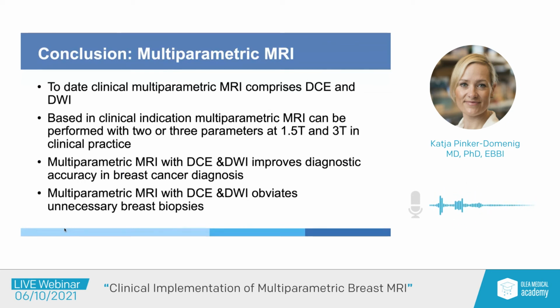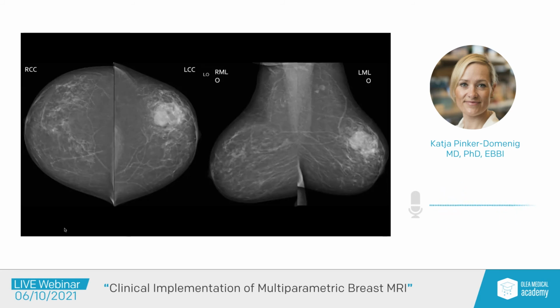Based on your clinical indication, you can also perform it with 2 or 3 parameters, adding, for instance, spectroscopy if it is in a treatment response assessment setting. There is no discussion that multiparametric MRI with DWI and DCE-MRI improves diagnostic accuracy in breast cancer diagnosis. It obviates unnecessary biopsies, and I think has also more potential for biomarker imaging.